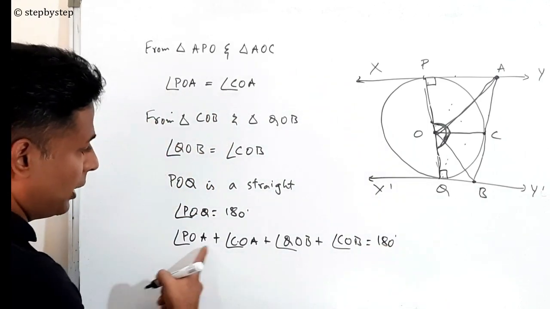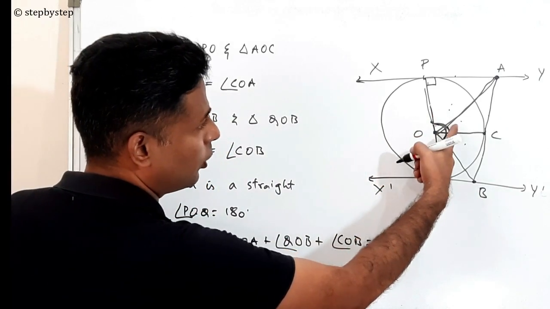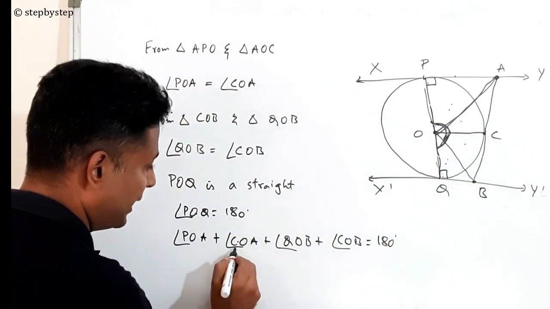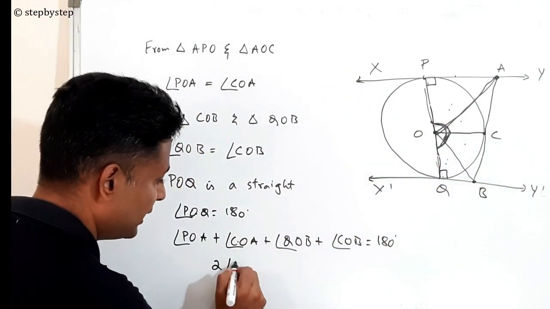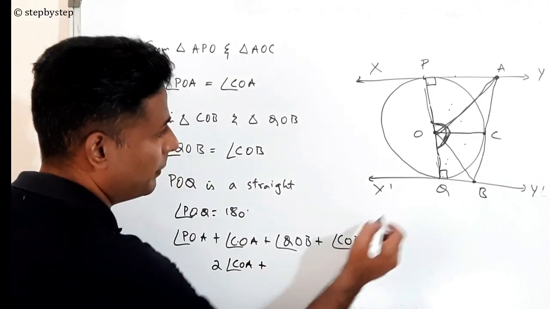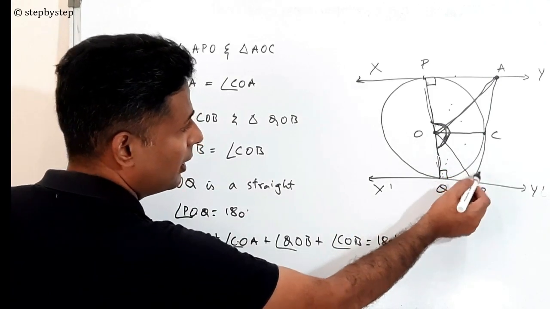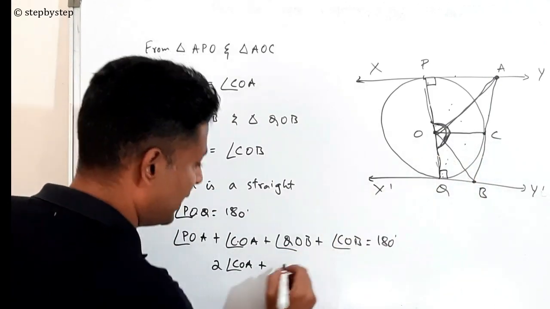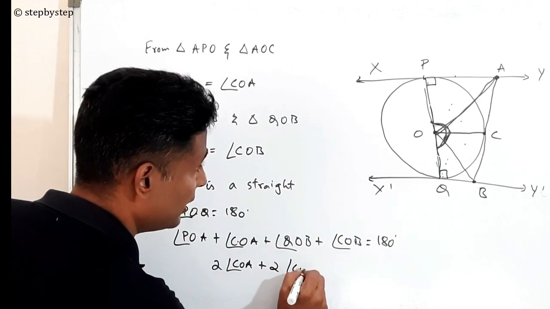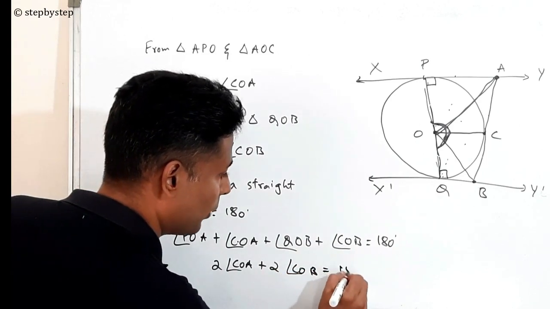But POA and COA are equal, so I can write it as 2 times COA, and similarly QOB and COB are equal, so I can write it as 2 times COB, equal to 180 degrees.